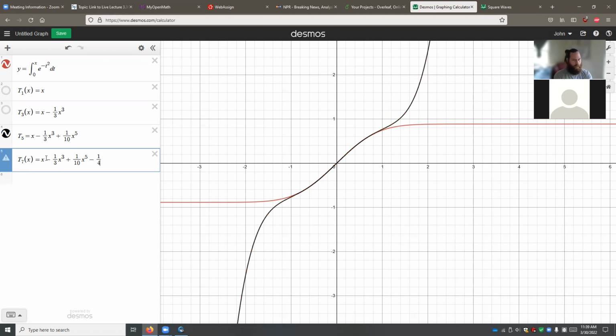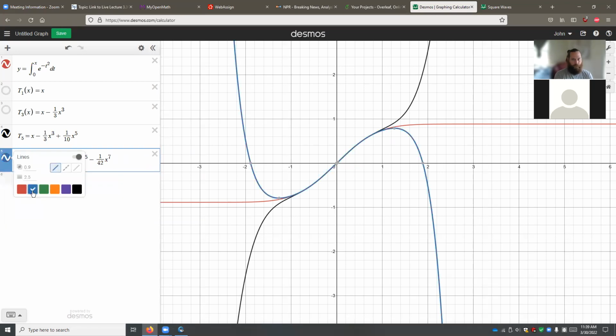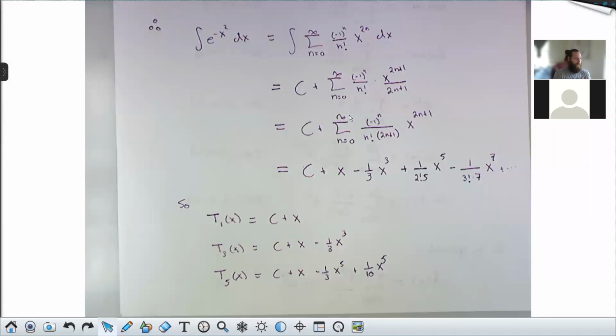So minus 1/42 x to the 7. It's blue or something. You see that the blue does a slightly better job of sticking to the red than the black does. It sticks tighter a little further. And the more and more terms you use here, the better and better these will stick to the red. That's the game. And this whole universe of stuff is open to us now that before would have been completely impossible.